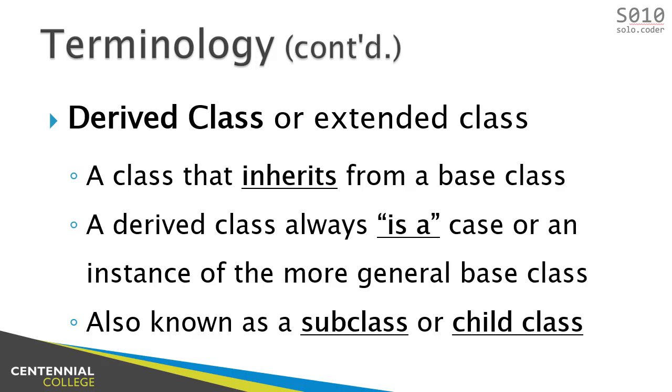We're going to see the expression is a or is an. A car is a vehicle. A truck is a vehicle. A sports car is a car. So, to see if a class is a parent or a child of another one, you should be able to use this expression, is a or is an.